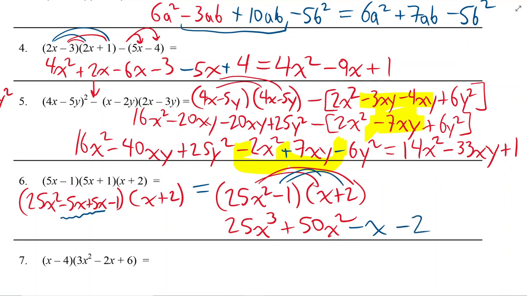And the nice thing with this now, there's nothing to cancel, nothing to collect, right? All of these are different terms because of the different squared x's and x cubes.